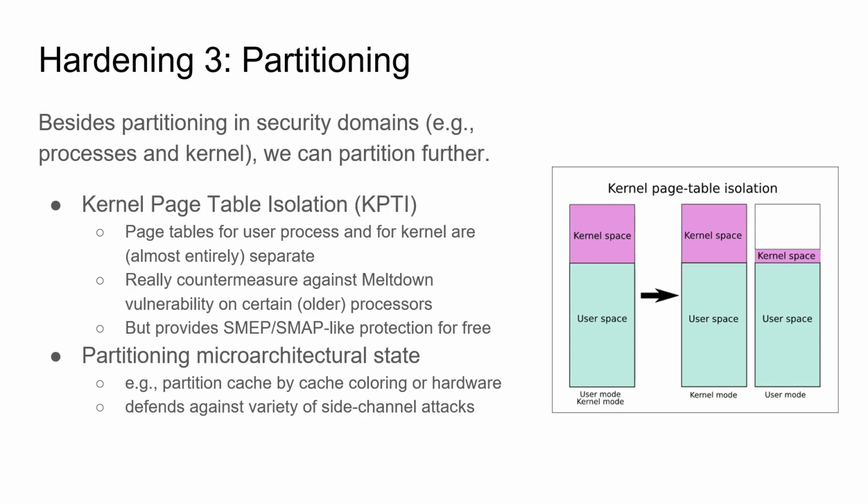We have level 1 caches that are shared between the code that's running on a single core. And what that means is that we, as an attacker, may observe how our data is cached or not cached to learn something about what the victim, the other security domain, is currently doing.